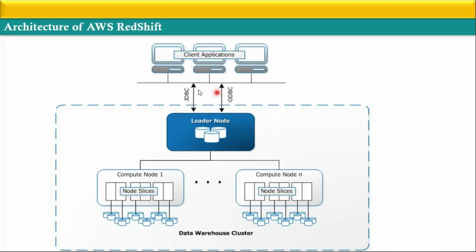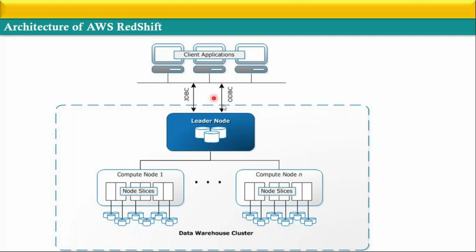If someone needs to interact with the Redshift cluster, he is going to connect with the leader node and say, "Hey, leader node, I just want to perform the execution of this particular application. Then please do the execution and provide me the output." So the leader node is going to take that application from the client, and it connects with Java Database Connectivity or Open Database Connectivity.